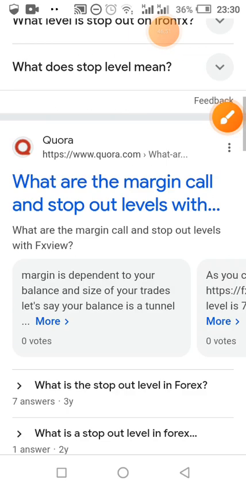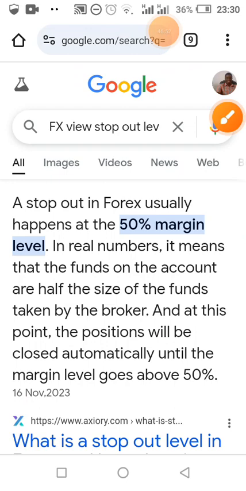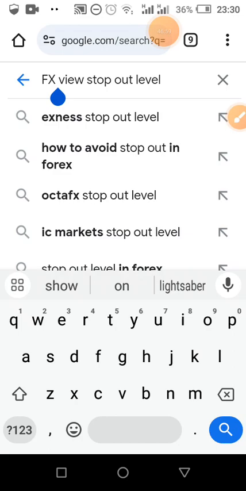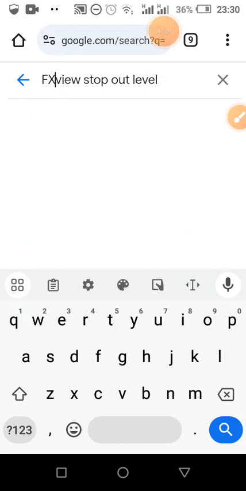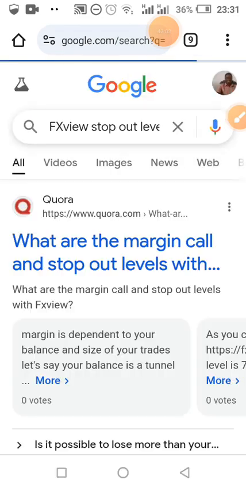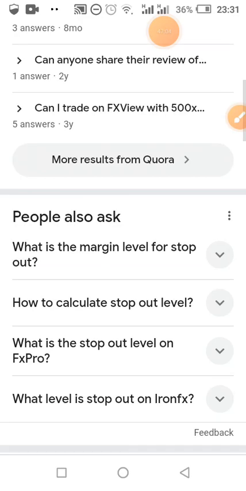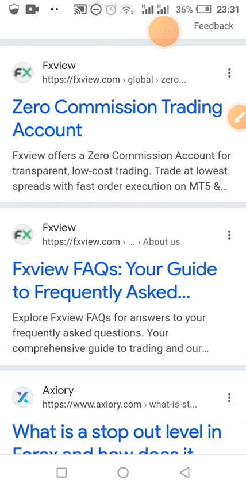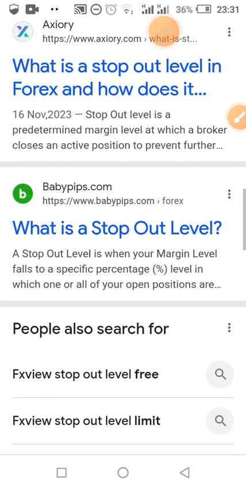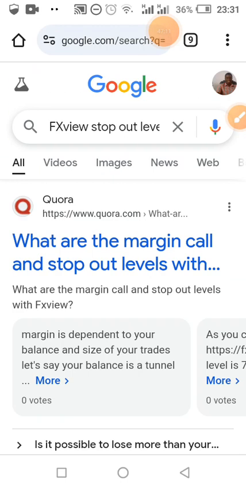And even with other brokers, usually they use that same one. But some regulating agencies might demand a higher stop out level if they offer more strict regulation.